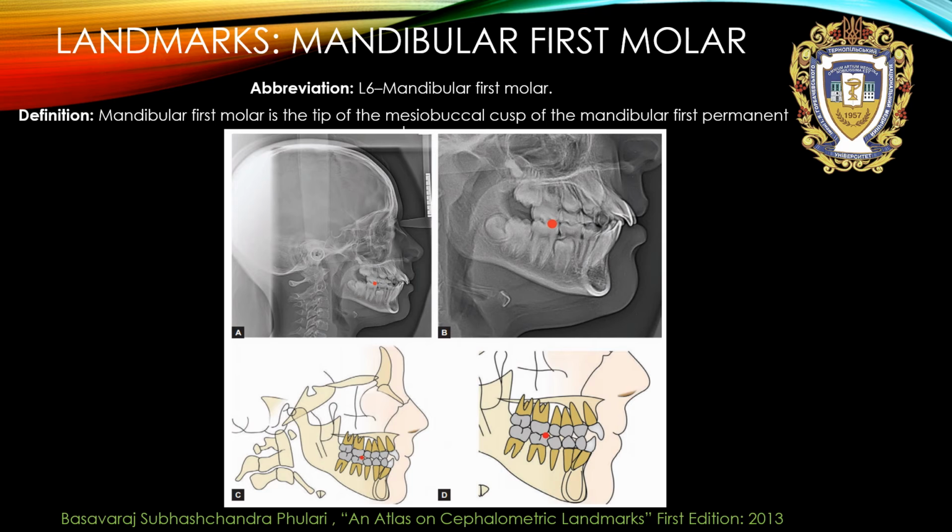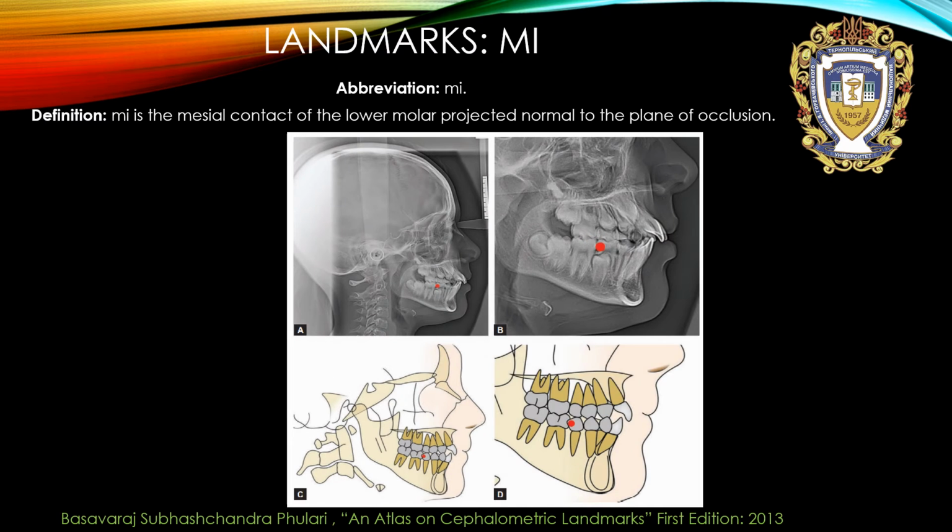Mandibular first molar point, or L6, lower 6, is the tip of the mesiobuccal cusp of the mandibular first permanent molar. L letter means lower.